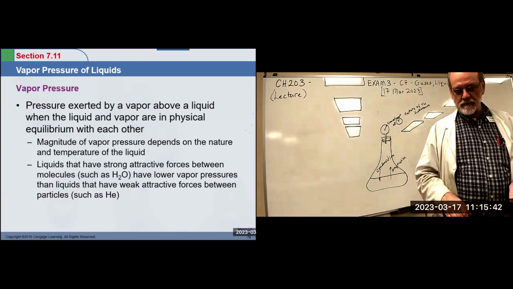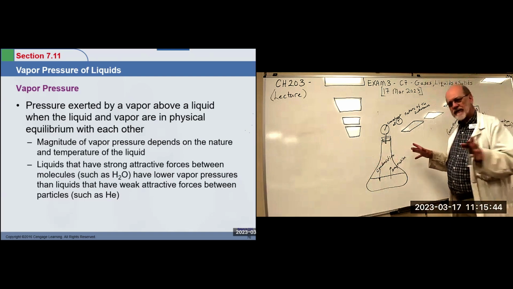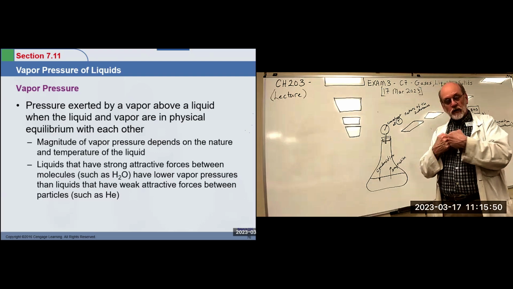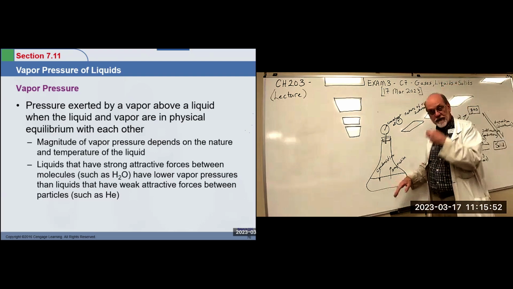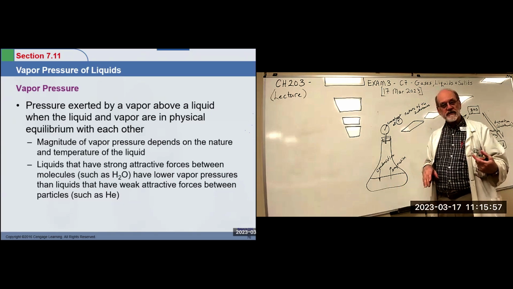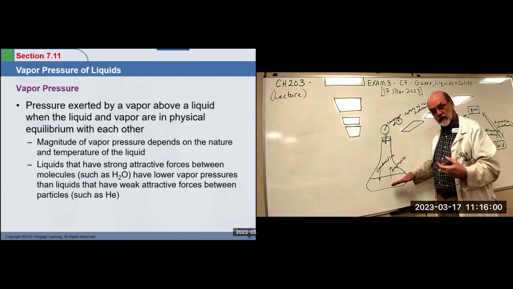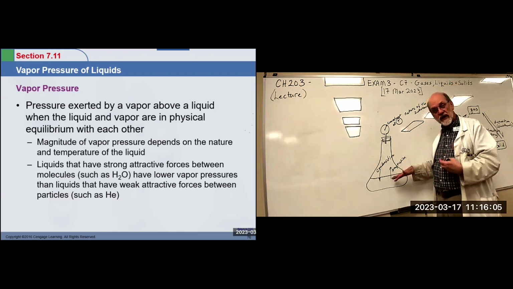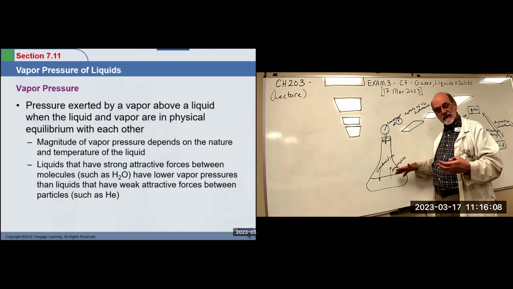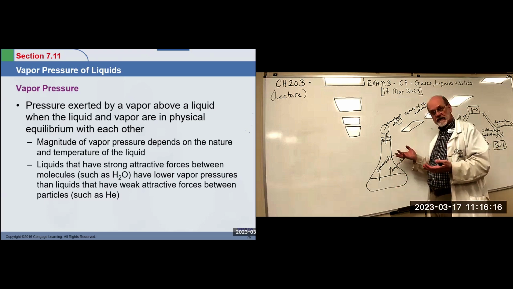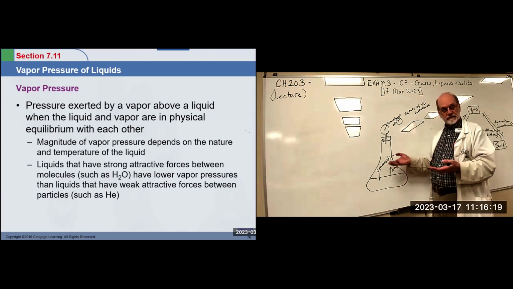Now, the explanation for that is cohesive forces holding those water molecules in the liquid phase are very strong, whereas the cohesive forces that are holding the ether in the liquid phase are very weak. So if the forces of cohesion are very weak, then at the same temperature, there is sufficient kinetic energy to put more of those ether molecules in the vapor phase than there is for the water.